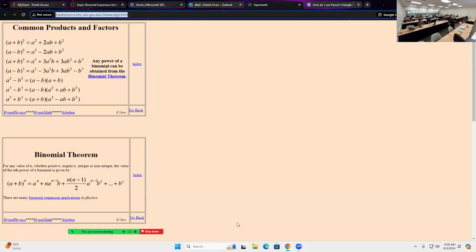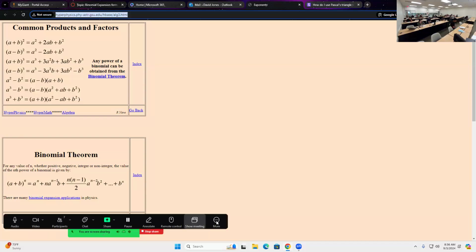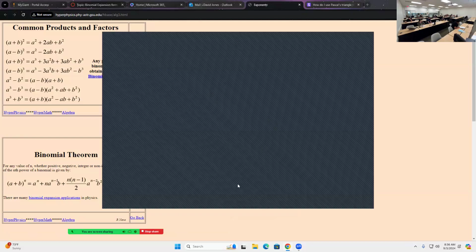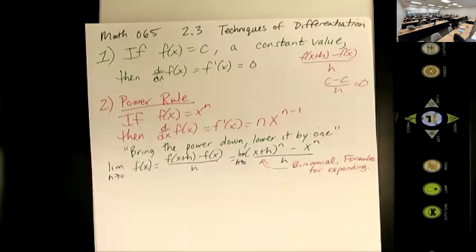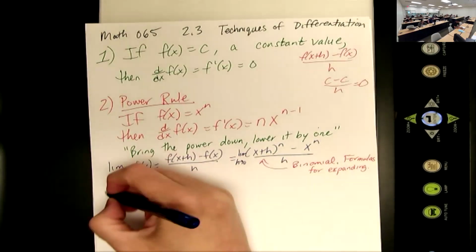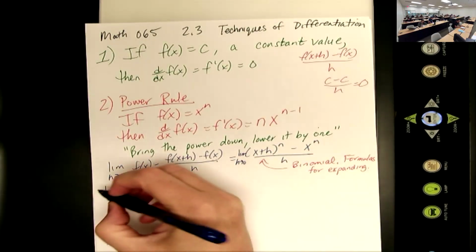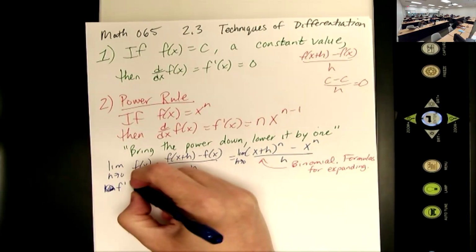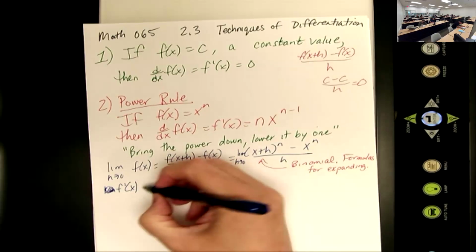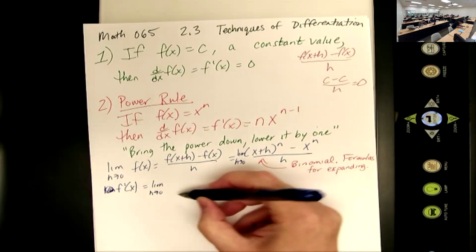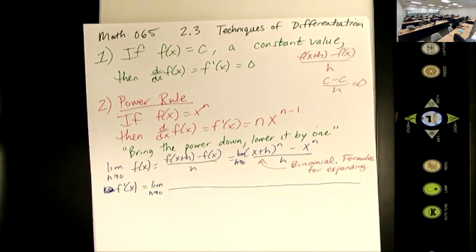Let's go back to our work. So, rewriting that, we have f prime of x, because that's what the left side is, equals limit as h goes to 0. I'm expanding out that first one.